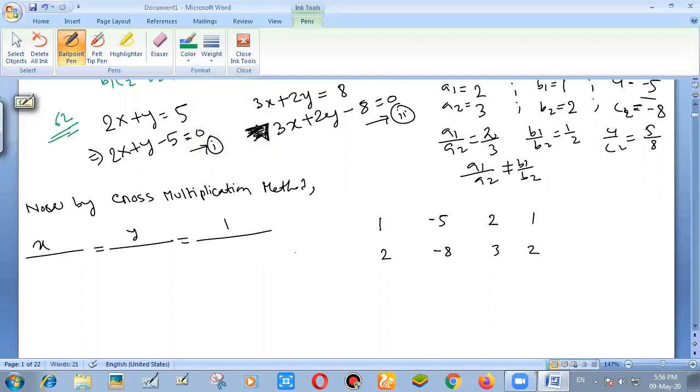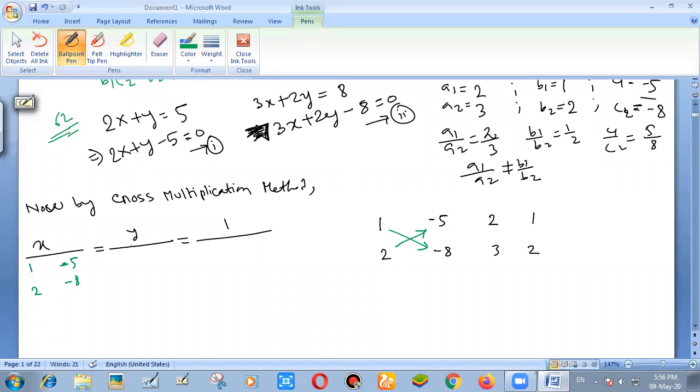Now see, for x, you have to go like this. For the x coefficients, you have to write 1, 2, -5, -8. In place of the denominator x, you write it like this.